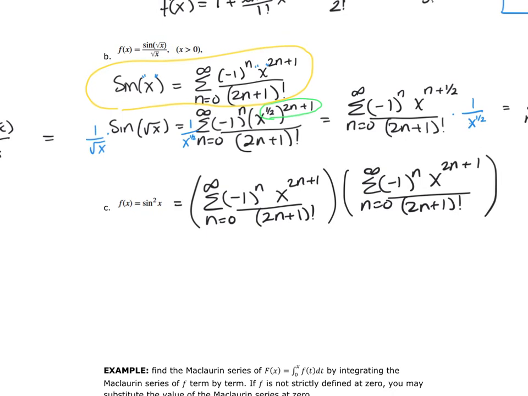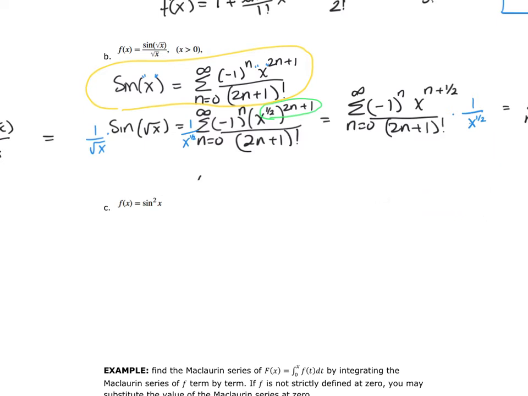So what I'm going to do instead is, rather than doing that and using the Cauchy product, I'm going to just use the power reduction formula. We know this is the same thing as 1/2 times 1 minus the cosine of 2x, which is the same thing as 1/2 minus 1/2 the cosine of 2x.